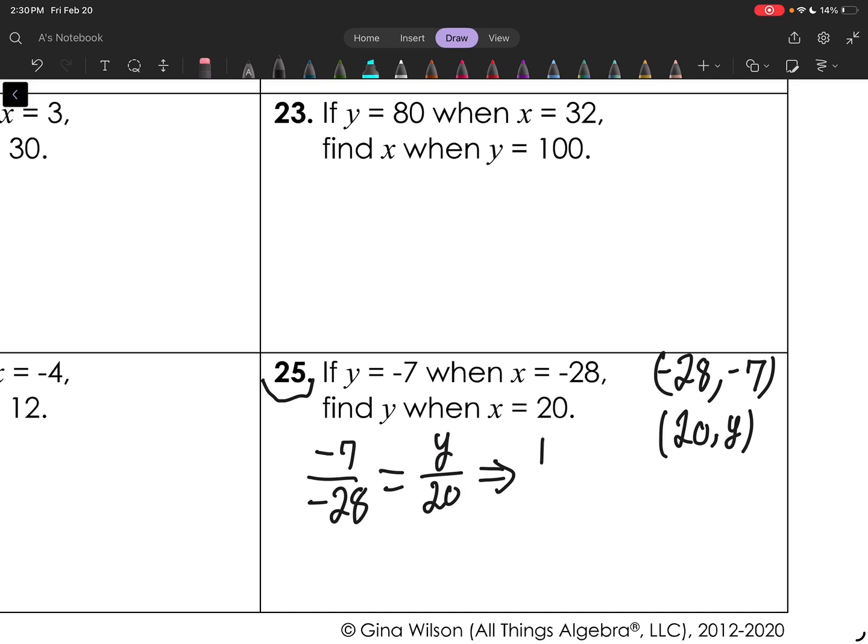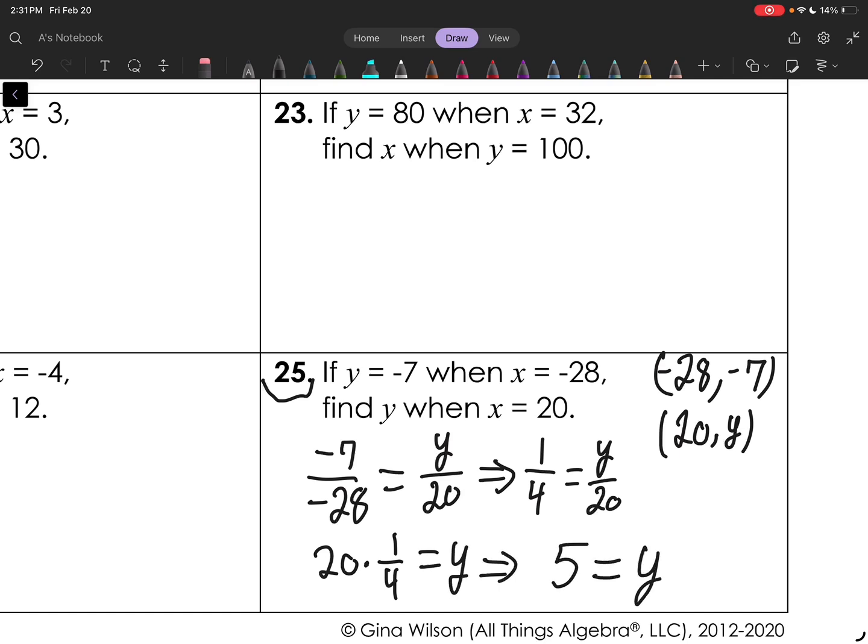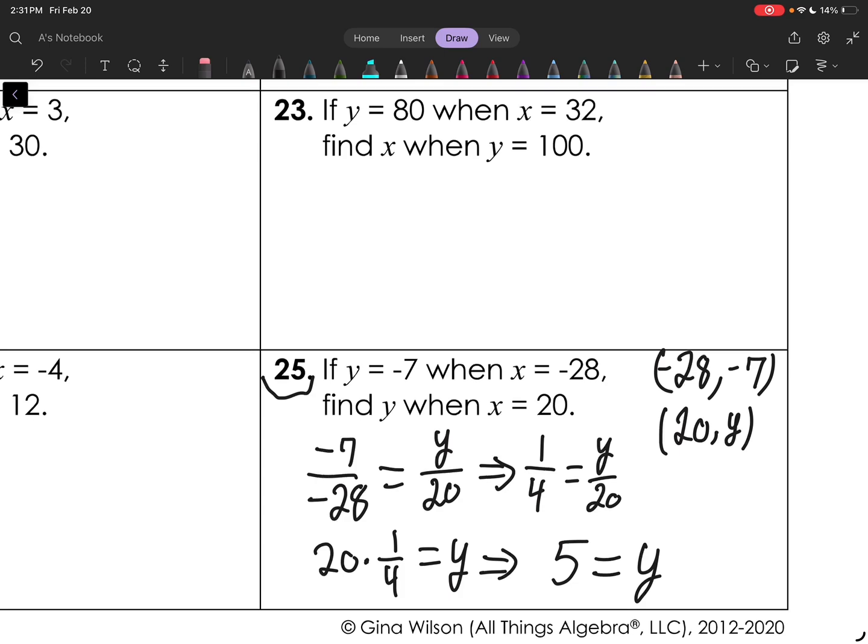This is 1 over 4 equals y over 20. Multiply by 20 on both sides. 5 is equal to y. Finished.